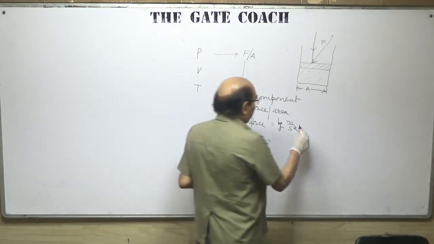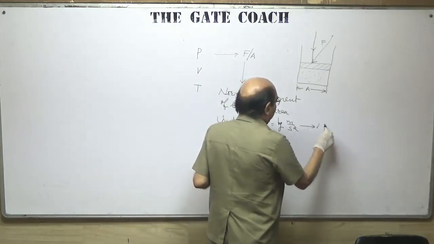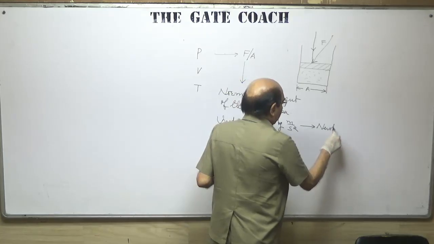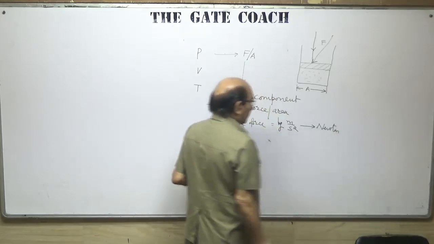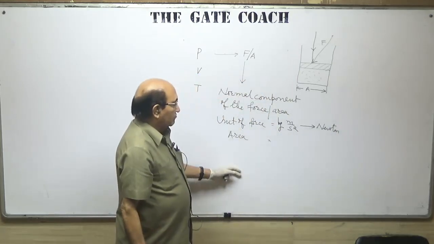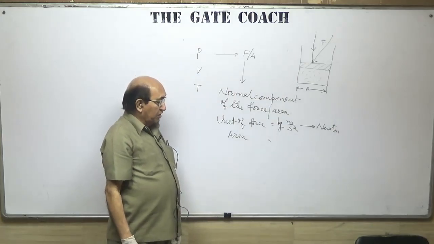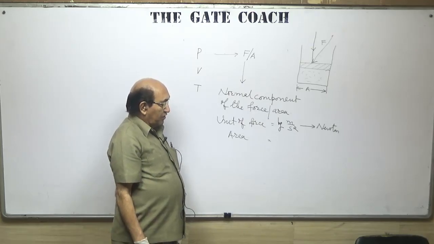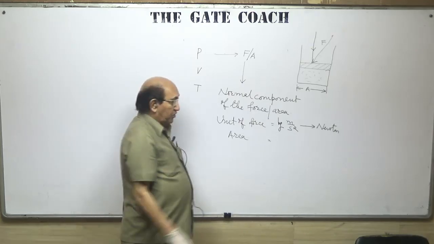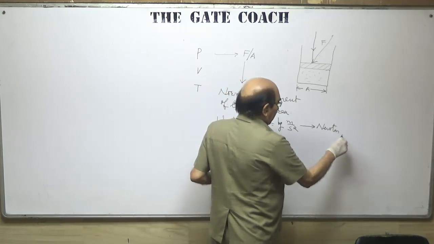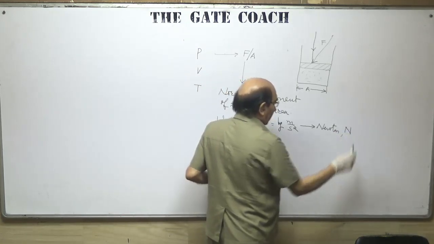This force term was defined by Newton and hence is called Newton. Wherever we find the units kg meter per second square, we will replace it by Newton, which is normally written by the term capital N.